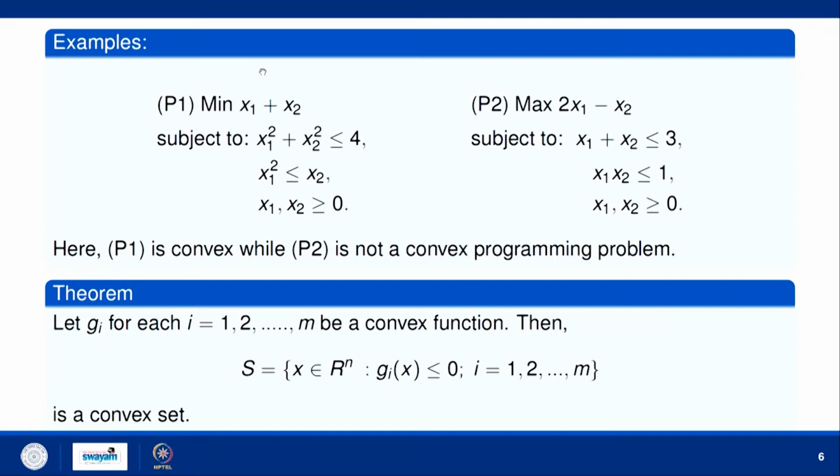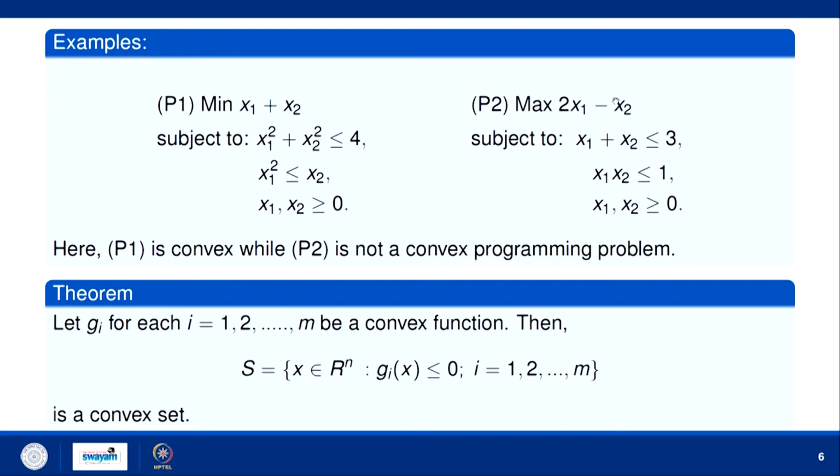So, example 1, problem 1, is basically a convex programming problem. Now, let us see problem 2. What is the objective function here? The objective function is 2 x1 minus x2, which is linear, so it is concave, because for a maximization type problem f should be a concave function.